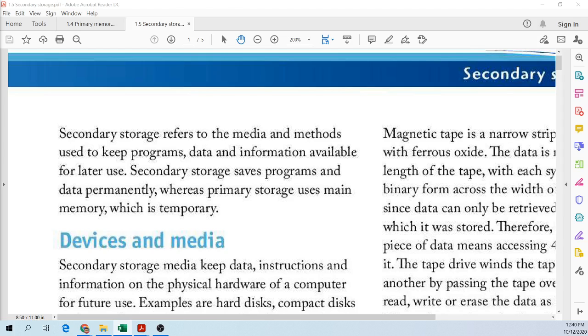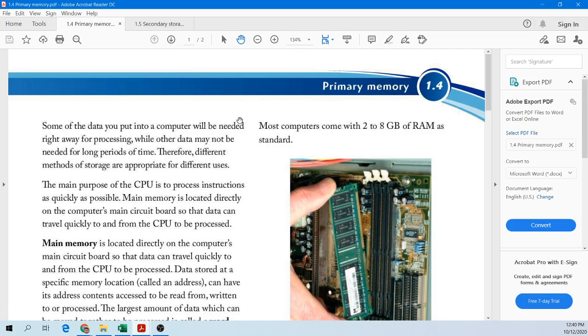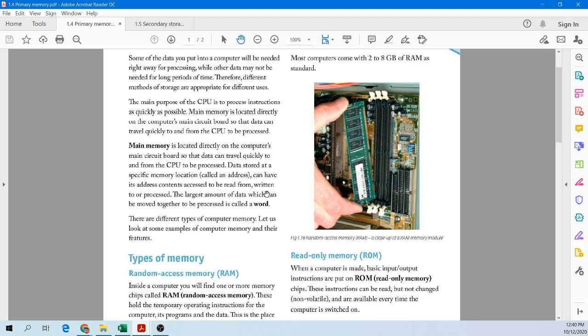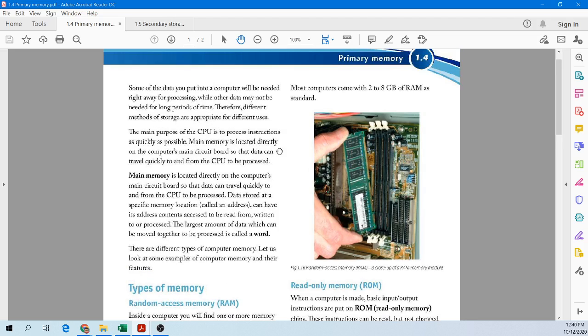Good. So last week we would have looked at primary memory, which is also called main memory. So RAM stores the information temporarily, because remember we discussed when it loses power, it loses its data.